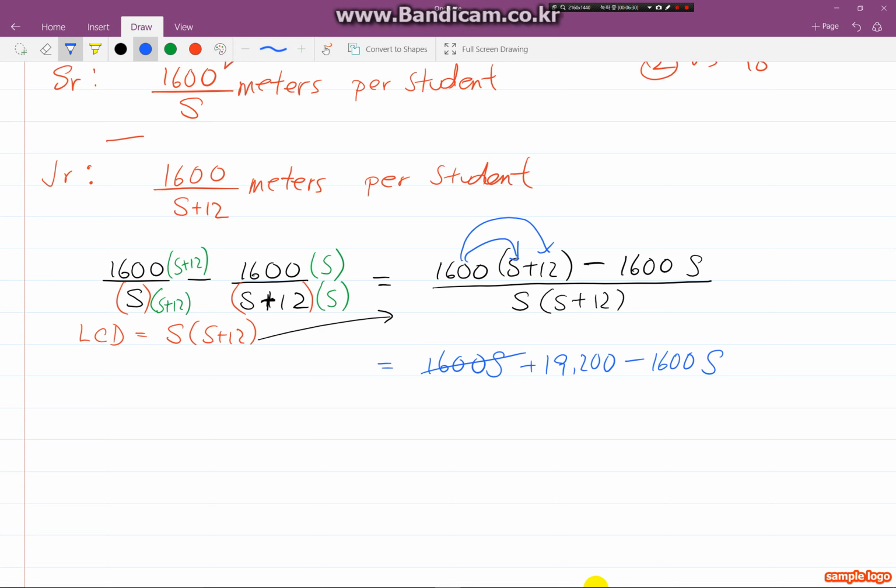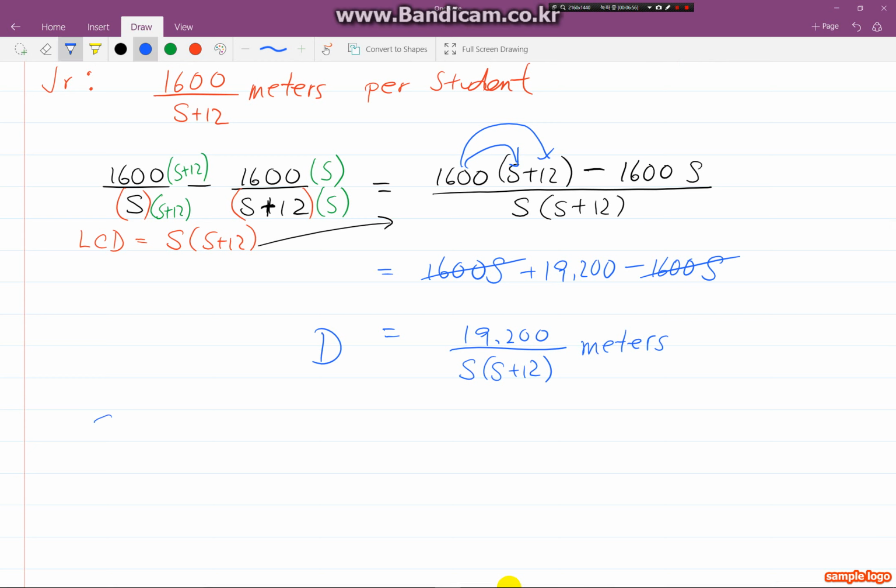Simplifying, the two S quantities cancel out, leaving me 19,200 over S times S plus 12 meters. So a senior must clean this much more than the juniors, because this is the distance that they have to clean.